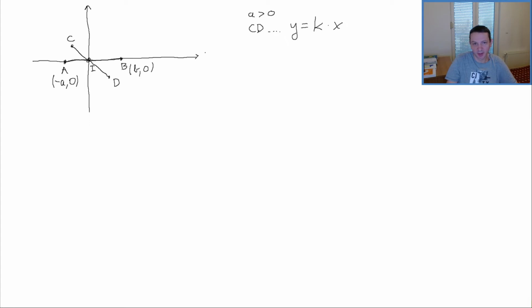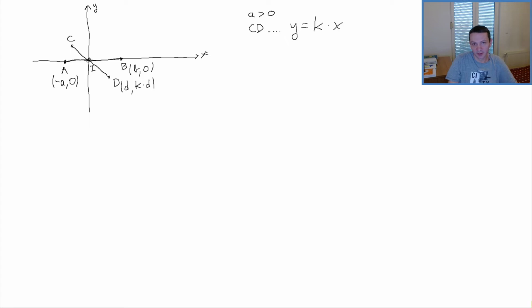So x and y are simply coordinates. So we know that if for example, first coordinate of point D is, let it denote to be D, then the second one is also k times D.